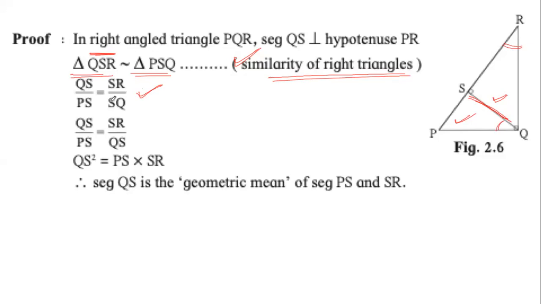So QS by PS equals RS by SQ. That SQ can also be written as QS. And when we do the cross multiplication, we get QS square equals PS into RS. Geometric mean.